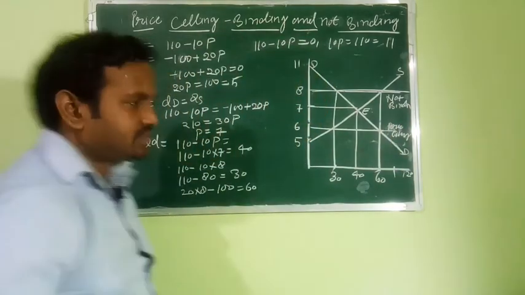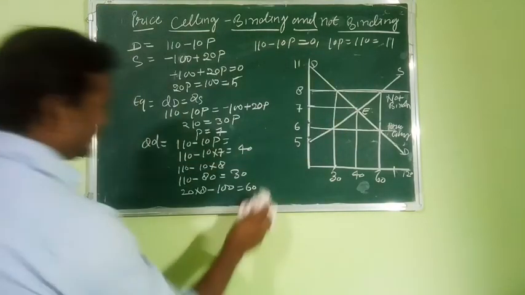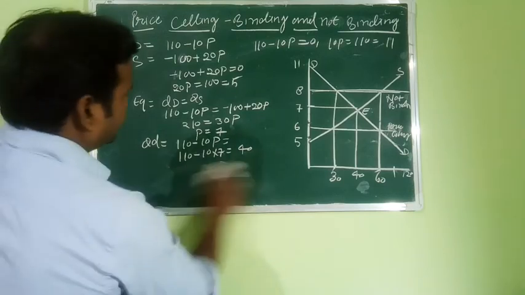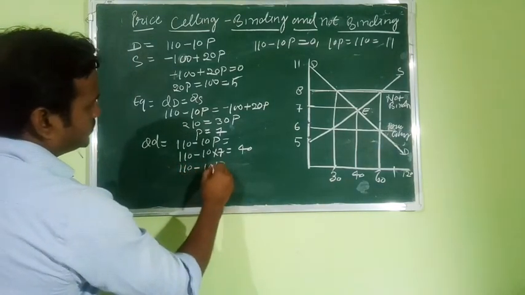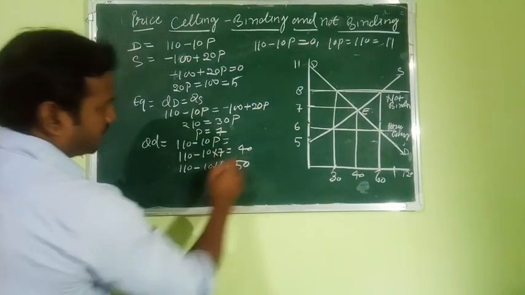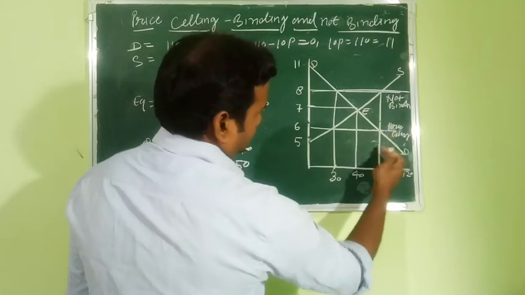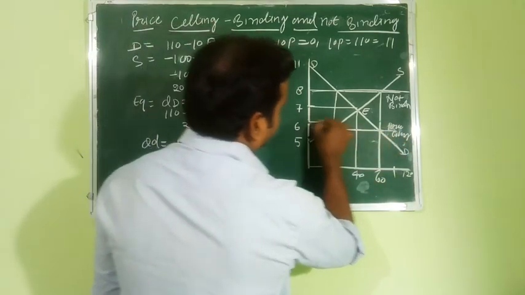Why is the price ceiling successful? Because if the government fixes 6 rupees, then 110 minus 10 into 6 means market demand is 50.